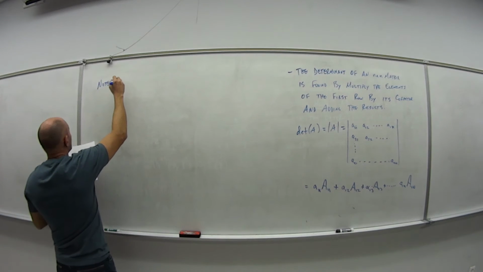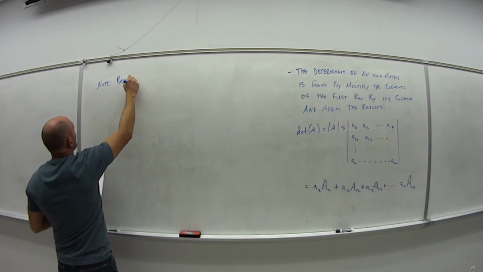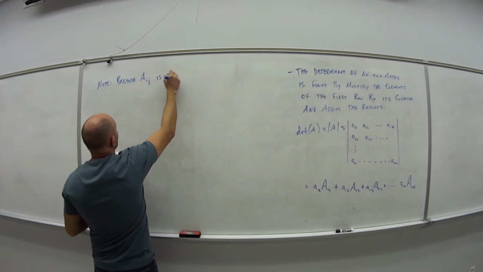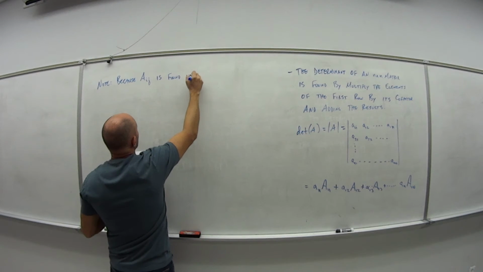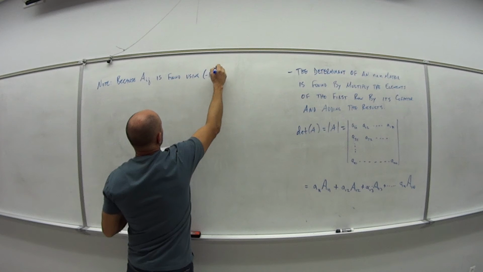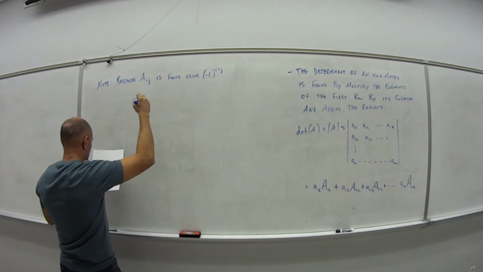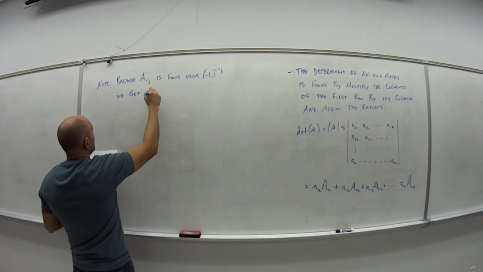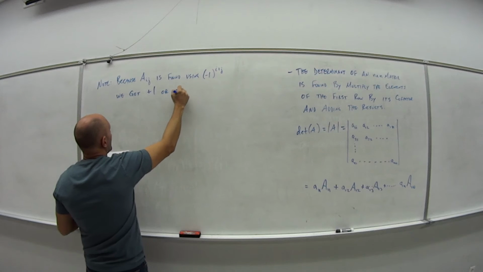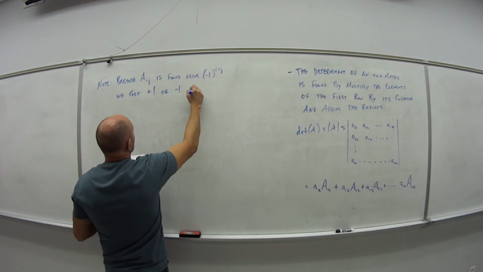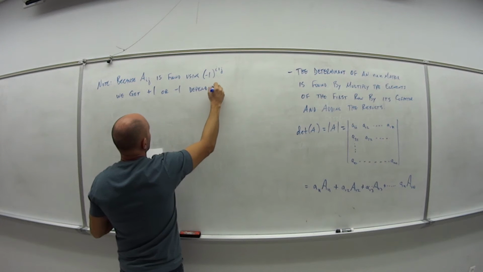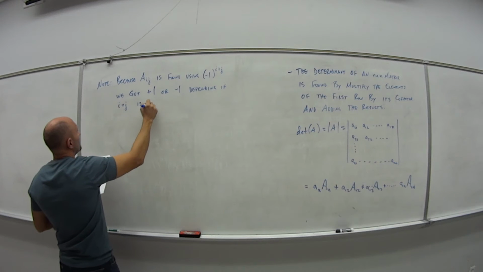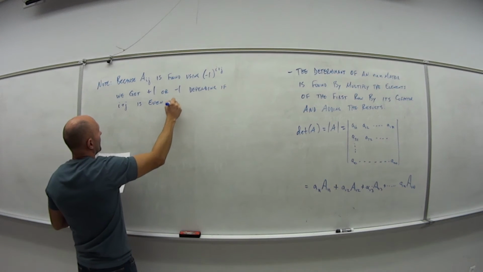Note, because Aij is found using -1 to the i plus j power, we get either a +1 or -1, depending if i plus j is even or odd.